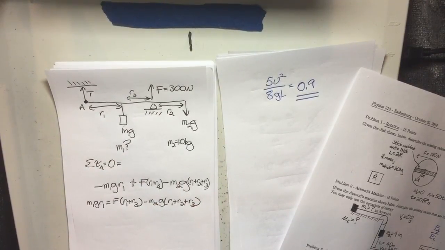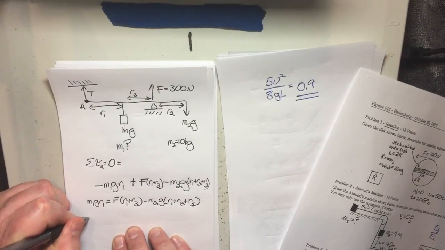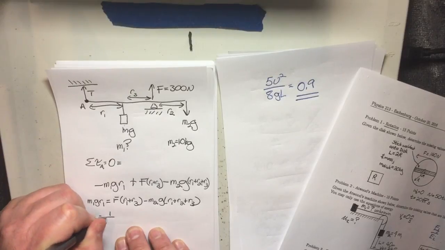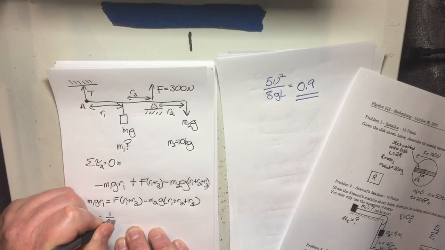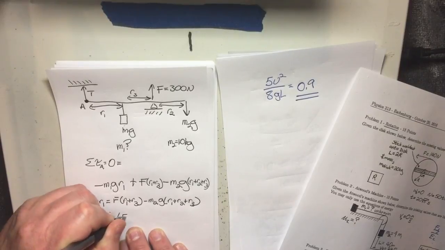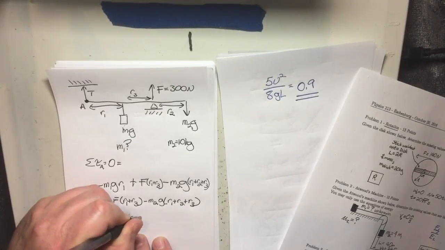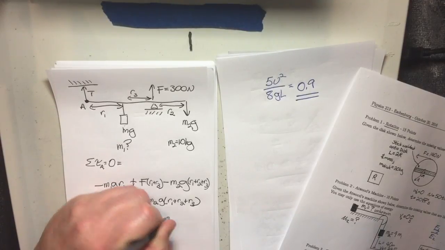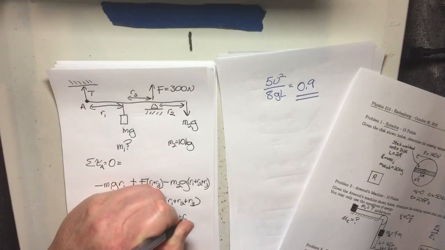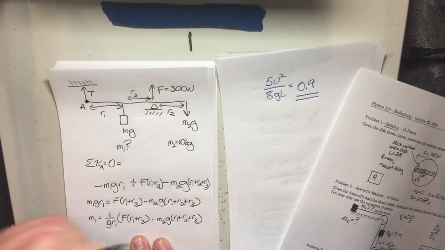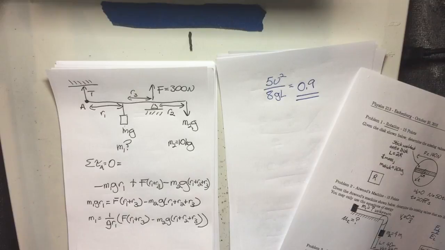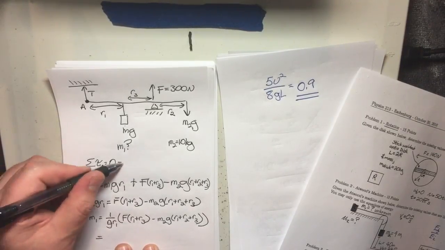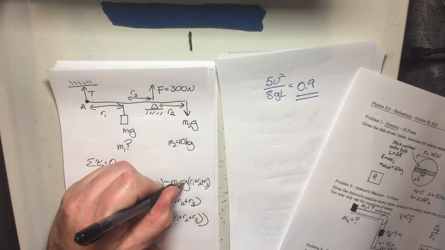All I'm looking for is M1. That's the only unknown. Zero equals this plus this minus that.